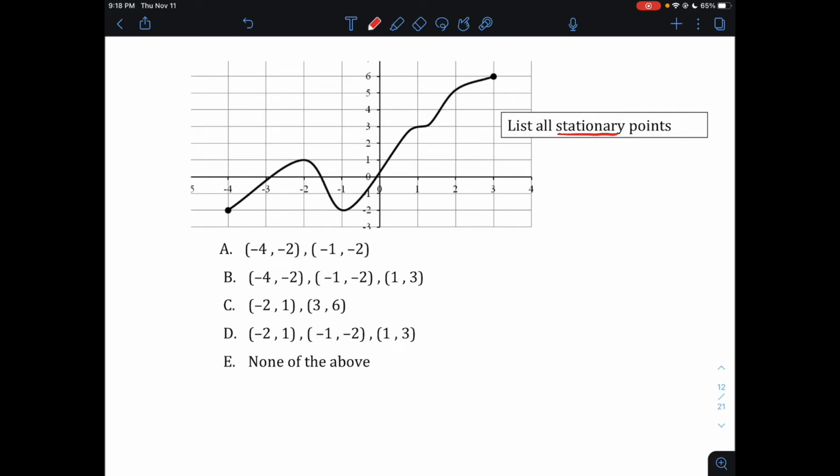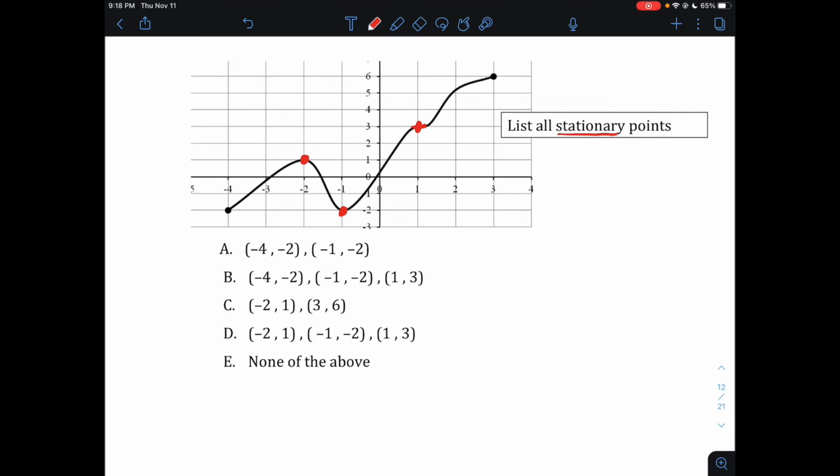So in our case, we can see a couple of stationary points related to some max and min. And there's also another stationary point where it looks like we have a horizontal line, like right here, which would be when x is equal to 1.